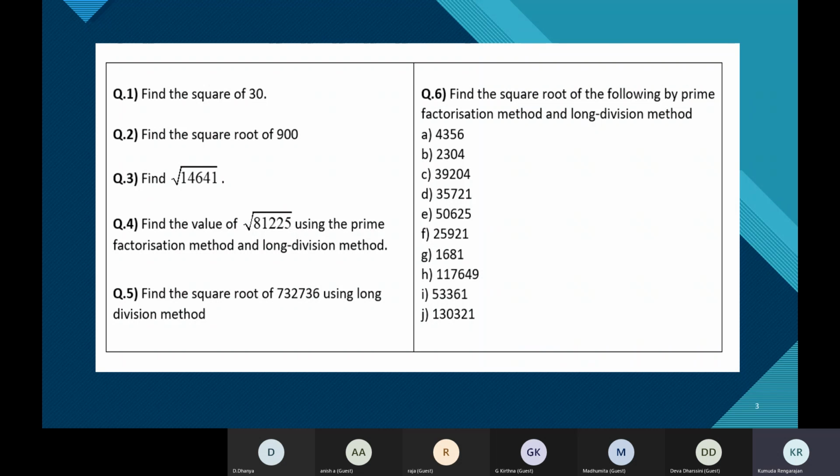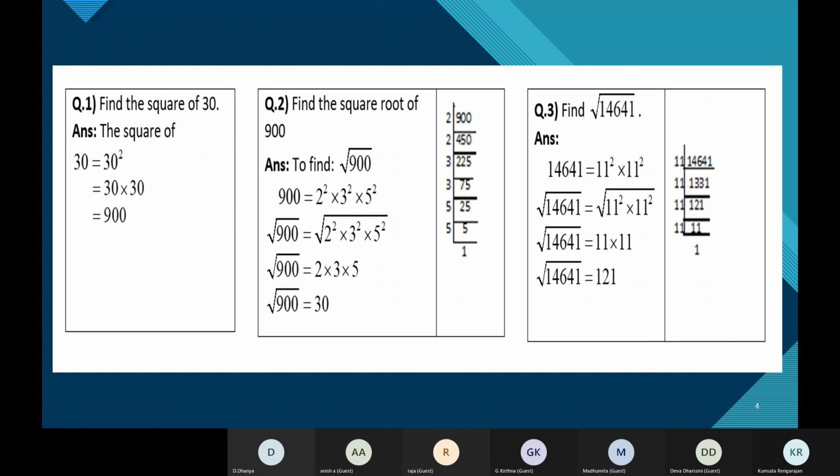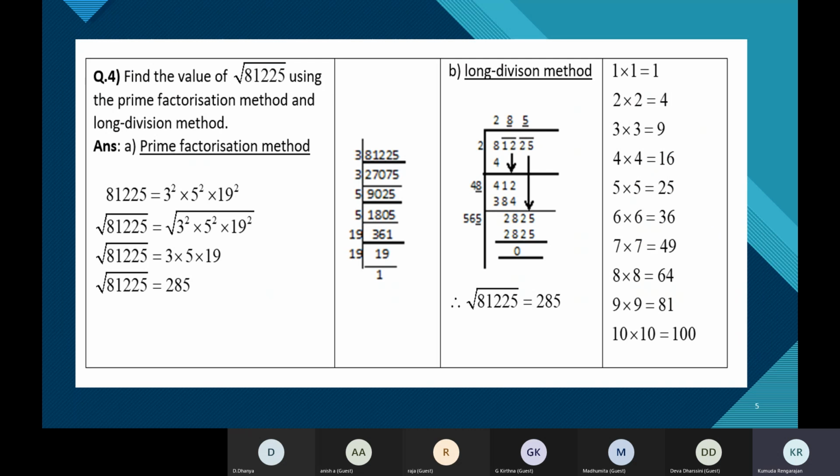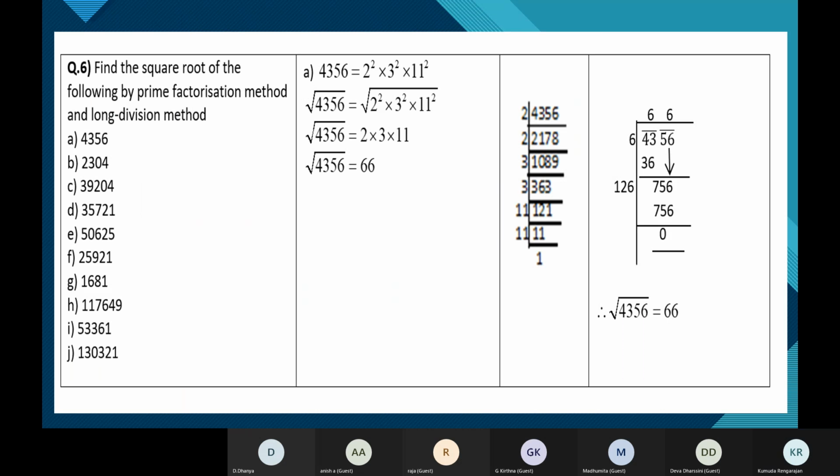We'll see the answers, children. I'll show you the steps. The square root of 4,356 is 66. 4,356 is equal to 2 square into 3 square into 11 square. Please check your steps.